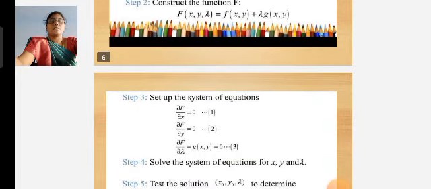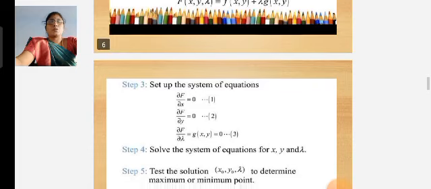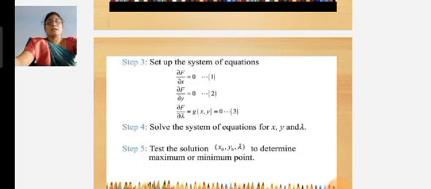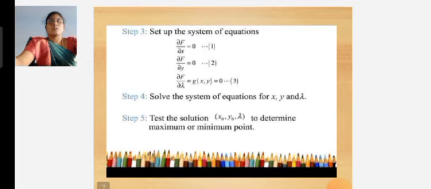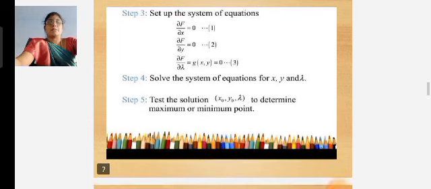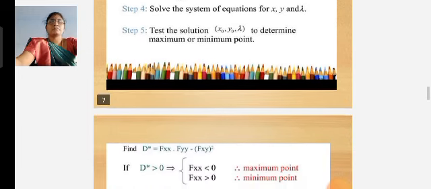Step 3: differentiate with respect to x, with respect to y, and with respect to lambda, which gives g of x comma y equal to 0. Finally, solve the system of equations for x, y and lambda. Then test the solution x0 comma y0 comma lambda to determine whether it is a maximum or minimum point.